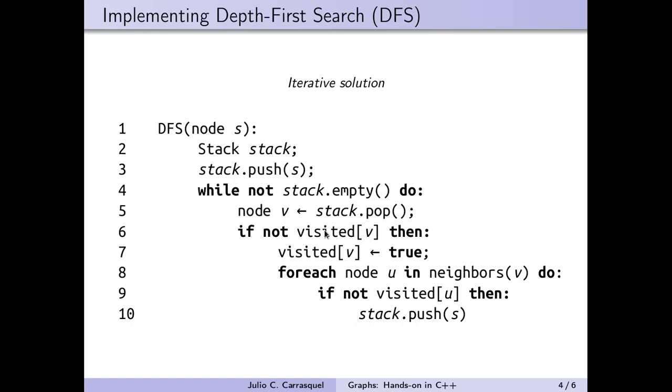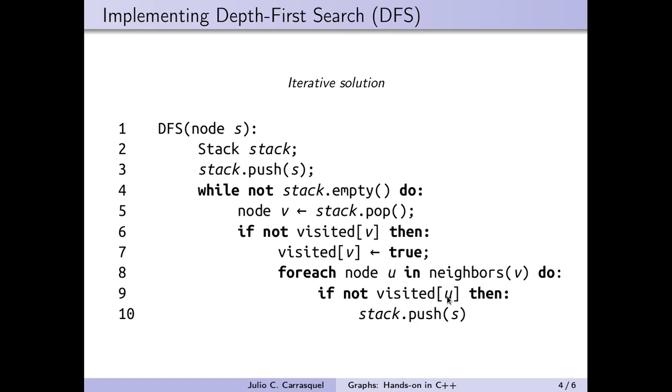So we ask, have we visited node B before? If it's false, so we have not visited it, we fall inside the if statement, and we mark it as true. We mark that we are visiting this node. And we ask for all the neighbors of this current node B. For each node U in the set of neighbors of B, we ask, have we visited U?